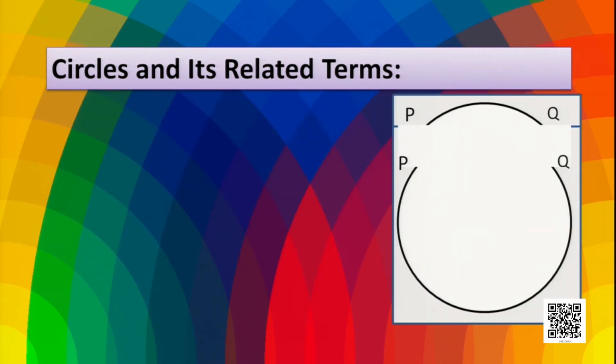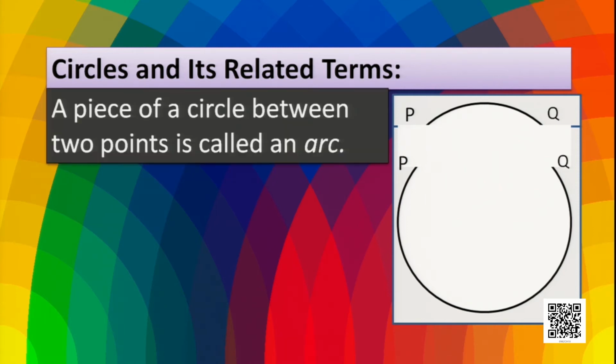Now if we consider the 2 points P and Q and the 2 parts into which these points divide the circle, we have 2 parts: one is the upper part as shown in this figure and the other the lower part. The upper one is smaller and the lower one is longer. So a piece of a circle between 2 points is called an arc. So here we have 2 arcs with the same name.